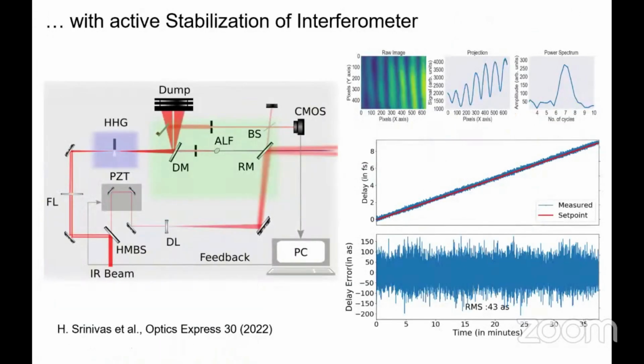And the whole thing, in addition, is stabilized in order to get a good temporal resolution. So typically we are safe in the order of plus minus 100 attoseconds. And this was tested not only over 30 minutes, but in fact over many, many hours. So it's stable. And I'm going to present you a few results.